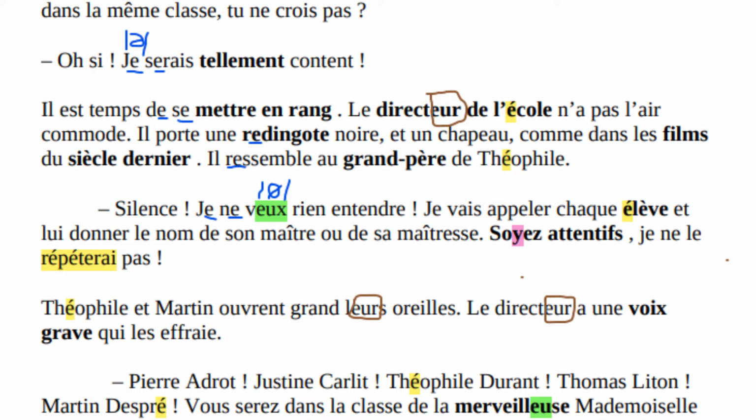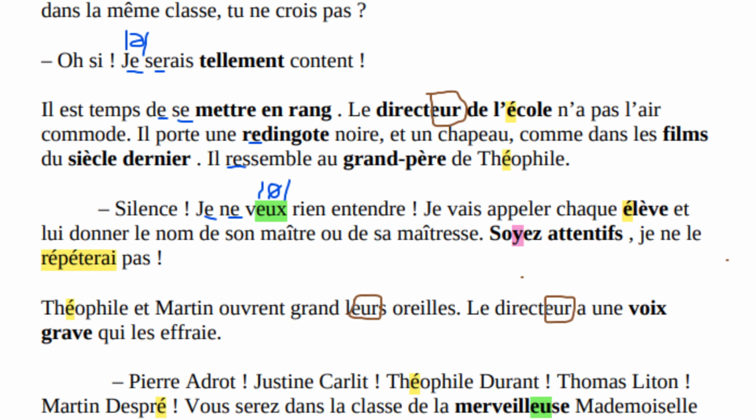So we have our E sound there for our re. R plus E, we have redingote noire. Et un chapeau comme dans les films du siècle dernier. Il ressemble. So here we have our R plus E. So we have ressemble au grand-père de Théophile.